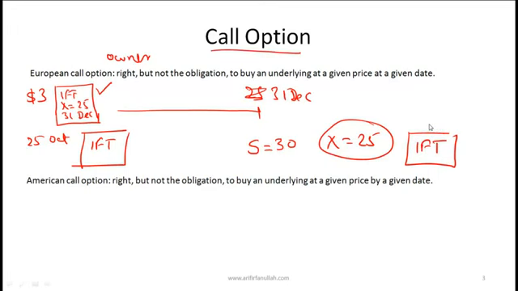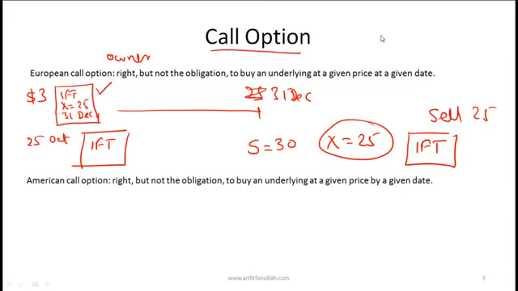And then you can go to the market and sell this share for $30. So essentially what you have done here is you have made $5 on 31st December. So that is called your payoff. And we will see payoff diagrams later, but I just want to give you a quick preview right now.